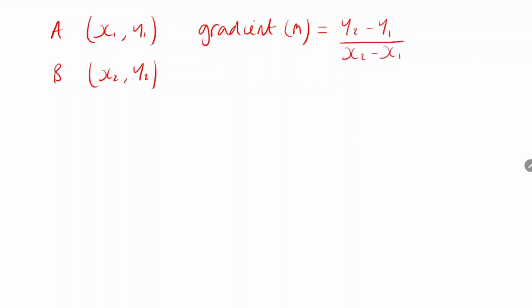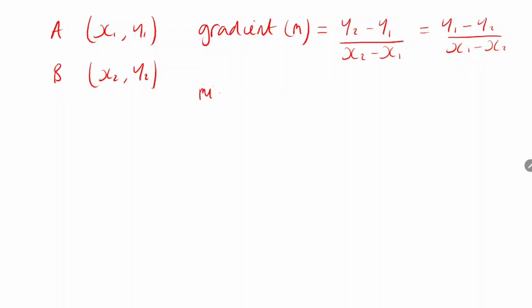Things to consider: if you are going to do y2 minus y1, then you must do x2 minus x1. Conversely, we could have done it the other way around and had y1 minus y2, but in that case you would have had to do x1 minus x2.